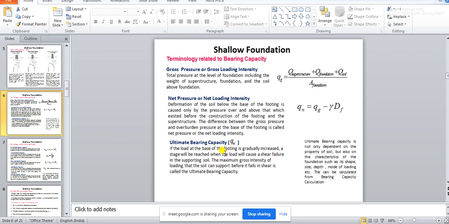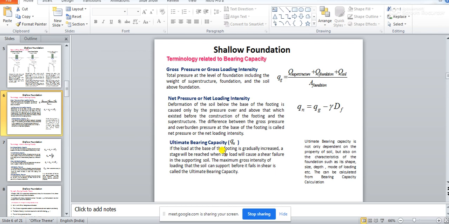They may be the shape of the footing, the size of the footing, the depth at which you are placing the footing, the mode of loading, that means whether the load is acting vertically on the footing, or at an inclined angle, or eccentrically on the footing, and whether the footing is under the water table or not.